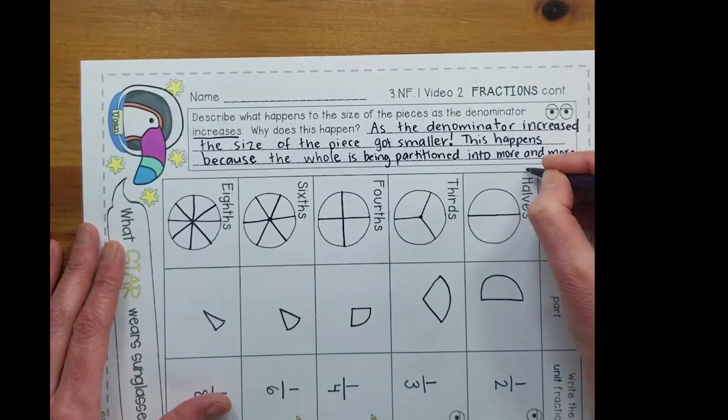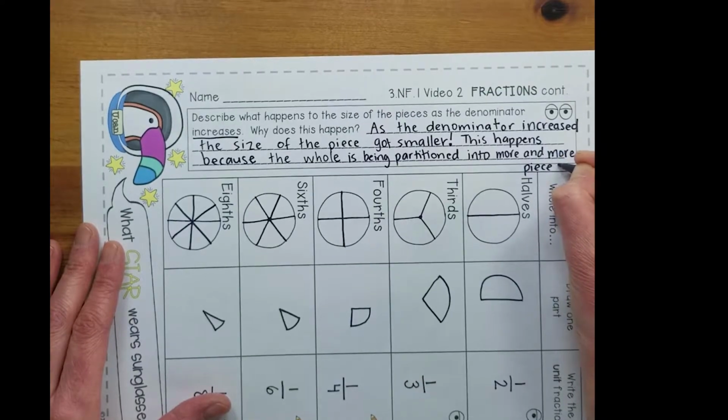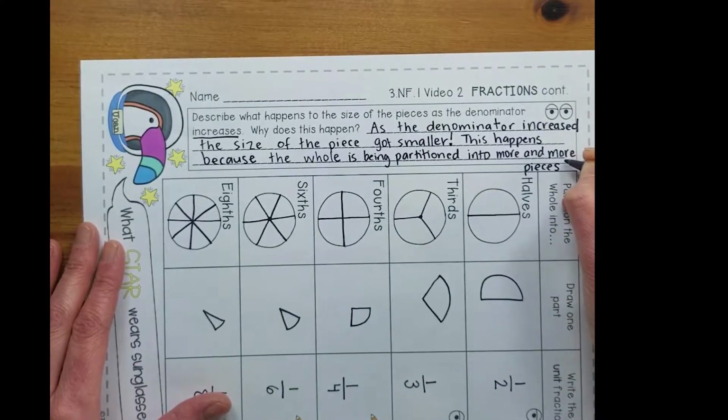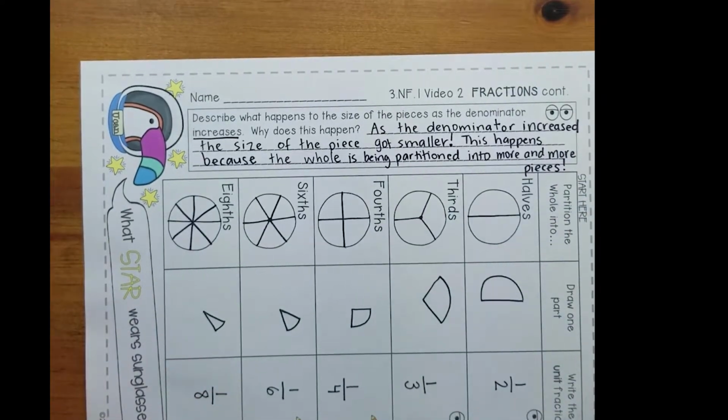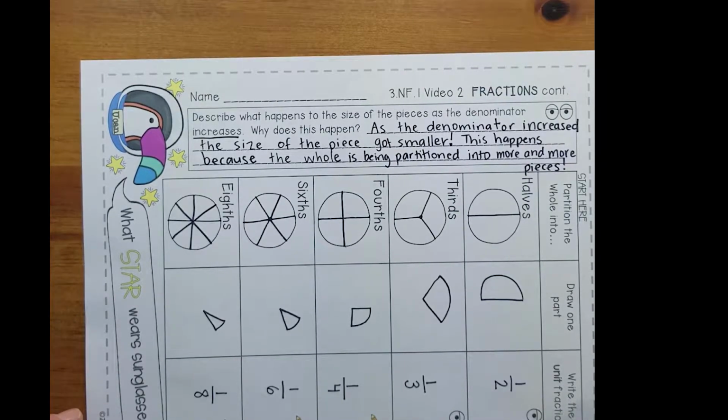I'm really gonna have room to write pieces right here. I think that's an exclamation mark moment too. Okay, so if you're gonna be sharing a piece of pizza, you wanna break it into halves, not eighths.